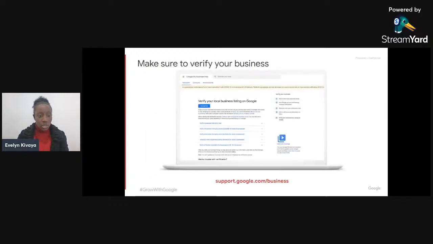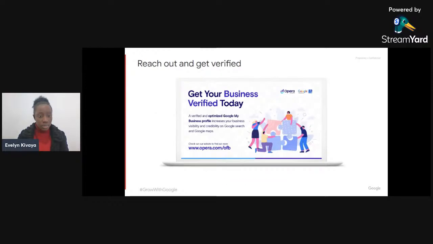So maybe we can jump into the next thing on how to reach out and get verified. Just as I've said, you can go to the Google Business Profile Support Team, where Google will help you to verify. It is either done through a postcard, they can send you an email, or they can call you directly. So you'll have to choose one of those methods.